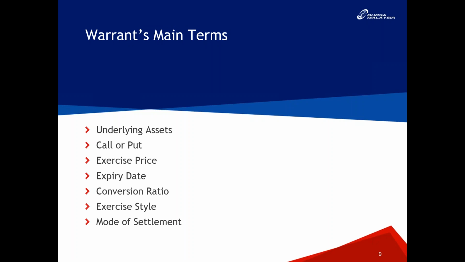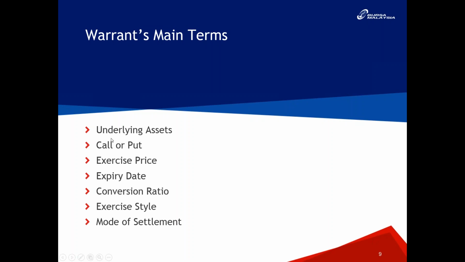So we have got that out of the way, how to tell the difference between company issue warrants and structured warrants. Now let's look at what are the main terms that you need to look for when you want to evaluate a warrant. The terms you can mostly find on the term sheet when the warrant is under the initial offer process.